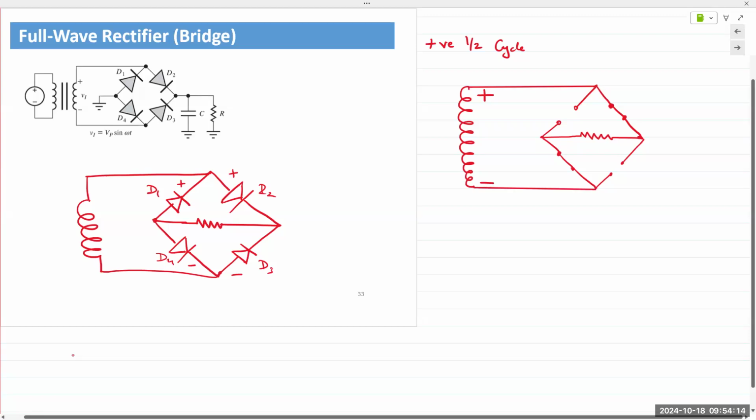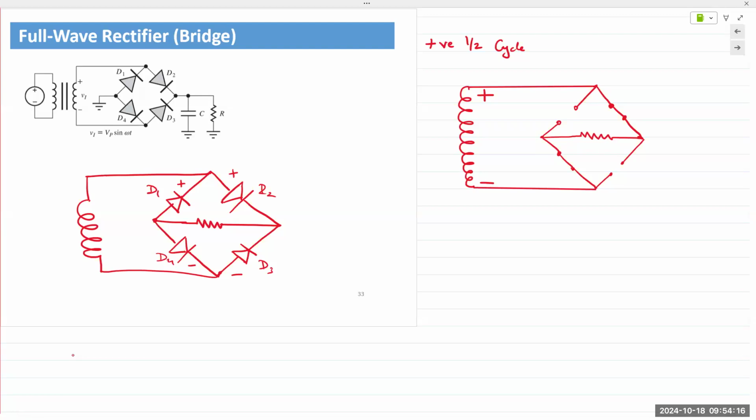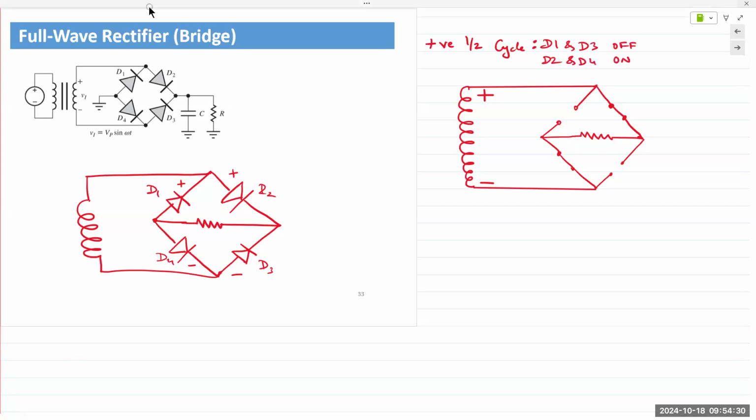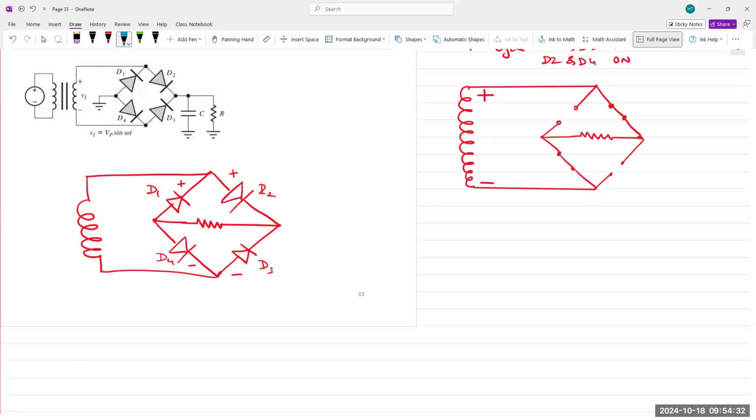Okay. All right. So positive half cycle. D1 and D3 are both off. D2 and D4 are both on. And the current is actually flowing in this direction.